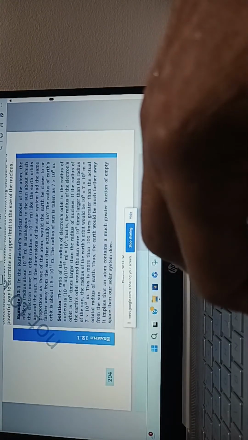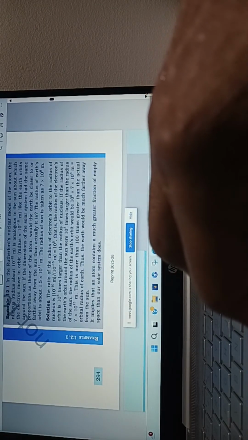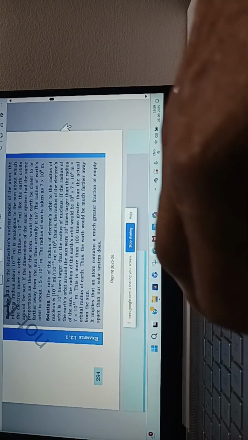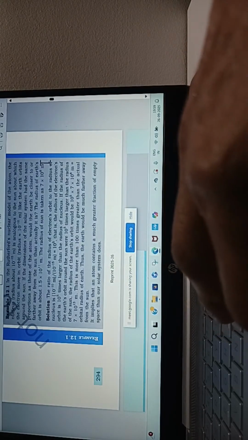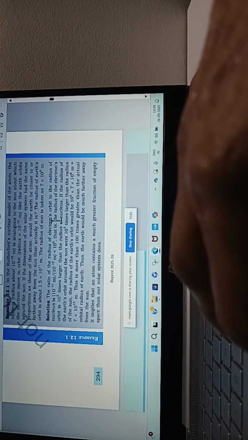The radius of the earth orbit is 10 to the power of 11, and the radius of the sun is 10 to the power of 8.